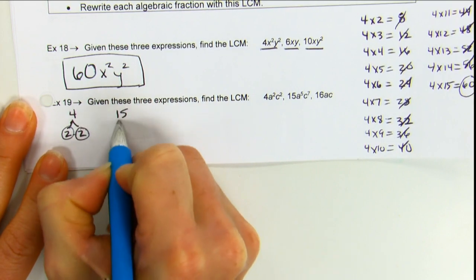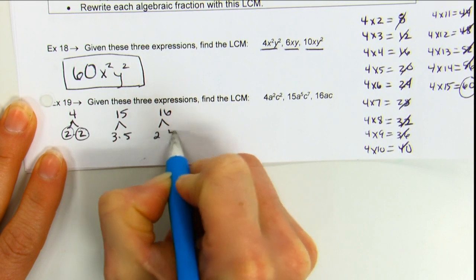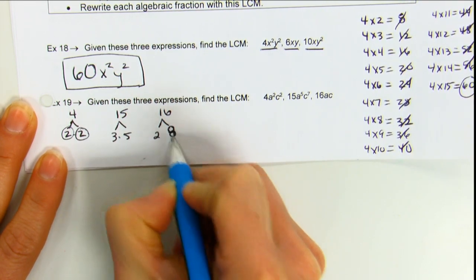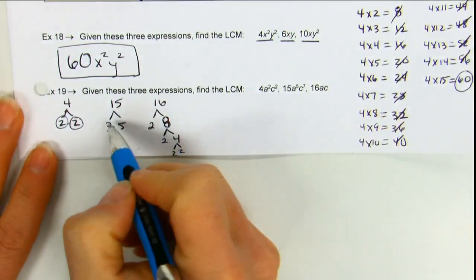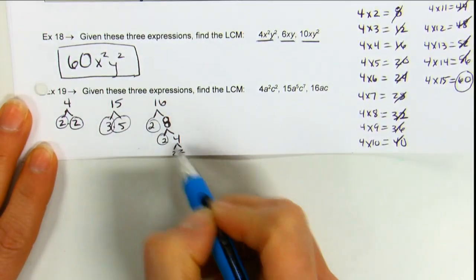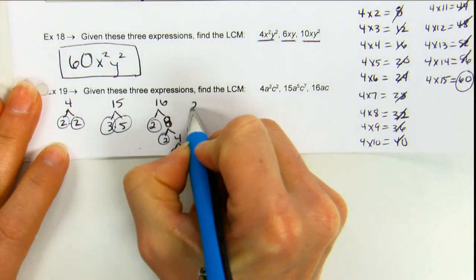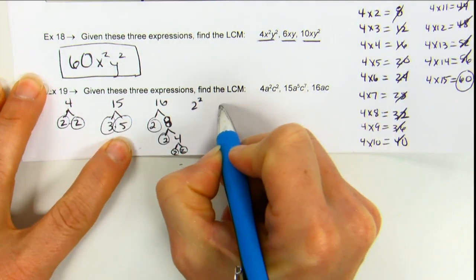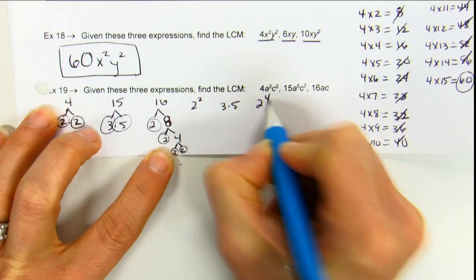For 15, it's 3 times 5, and for 16, it's 2 times 8, and 2 times 4, and 2 times 2. So basically, for 4, my factors were 2 squared. For 15, it was 3 times 5, and for 16, it was 2 to the 4th.